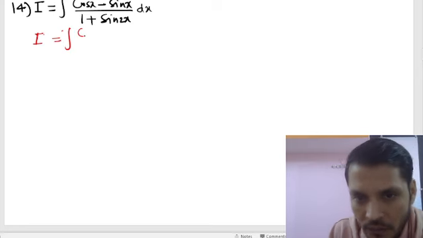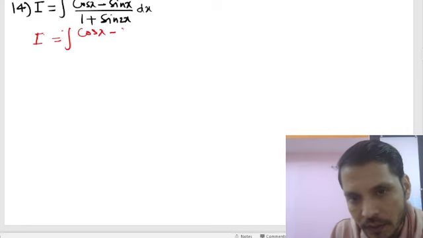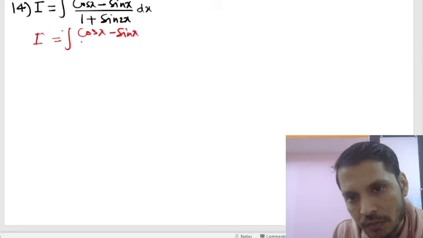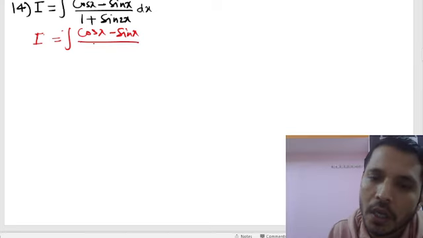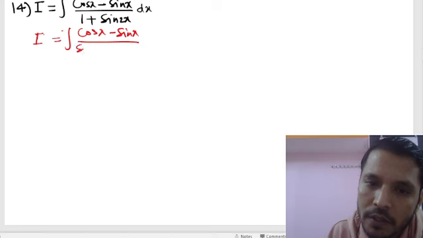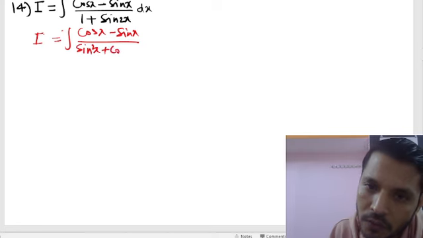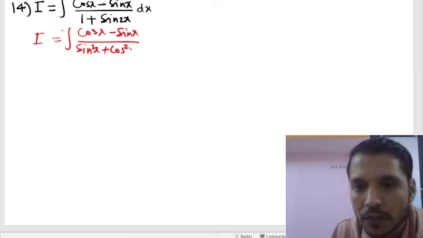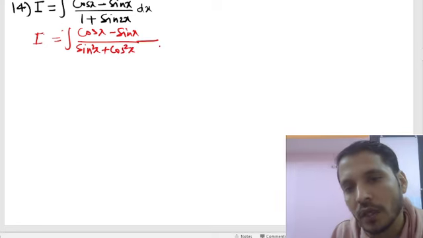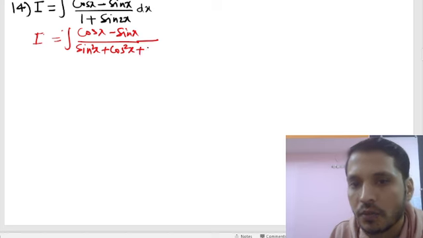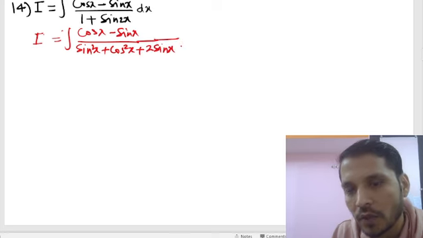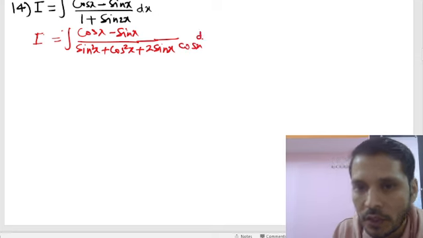First I will write the numerator as it is, cos x minus sin x. In the numerator there is no change, but in the denominator, 1 is nothing but sin square x plus cos square x, because we know that sin square x plus cos square x is an identity and its value is 1. And sin 2x can be written as 2 sin x cos x. This formula we have also learned in trigonometric ratios.